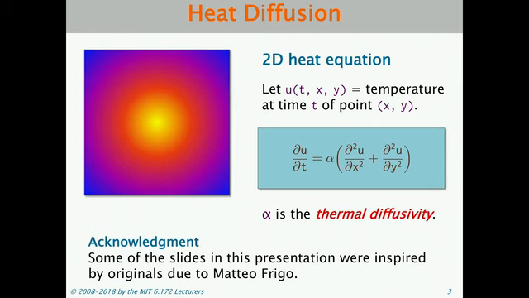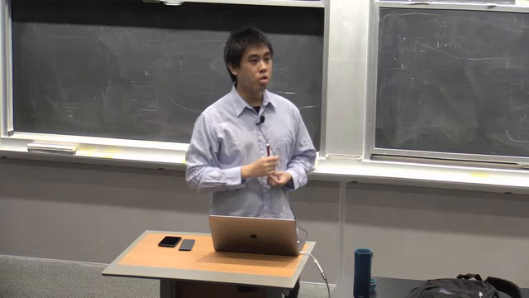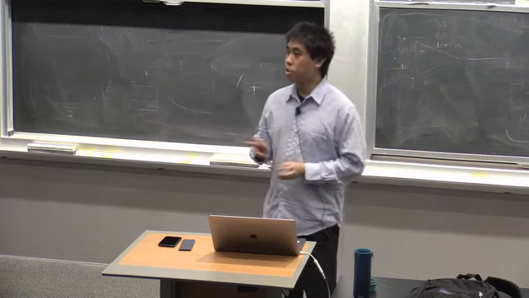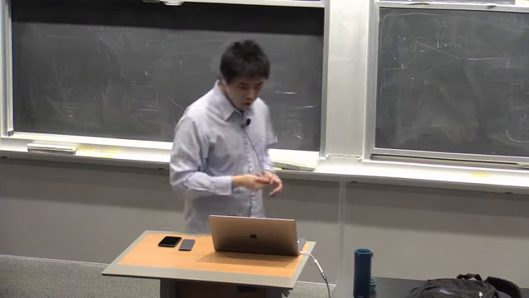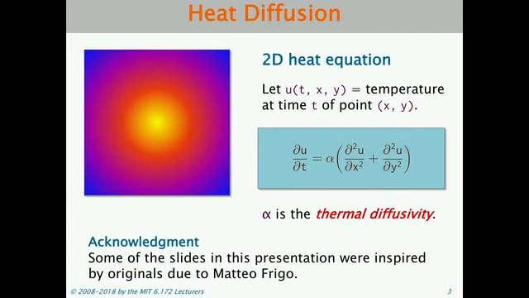And the 2D heat equation can be modeled using a differential equation. So how many of you have seen differential equations before? OK, so good, most of you. So here I'm showing the equation in 2 dimensions, but you can get similar equations for higher dimensions. So here it says the partial derivative of u with respect to t is equal to alpha. Alpha is what's called the thermal diffusivity.